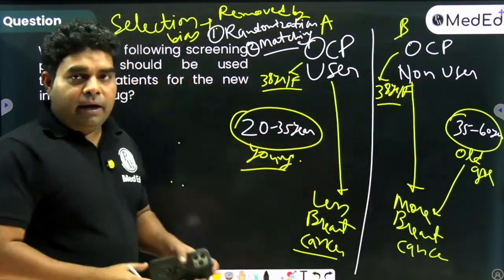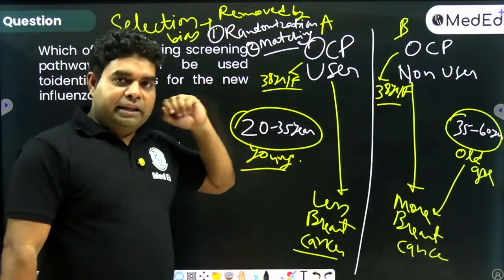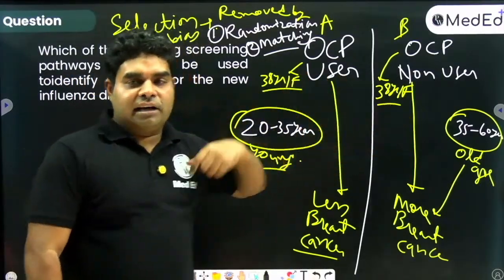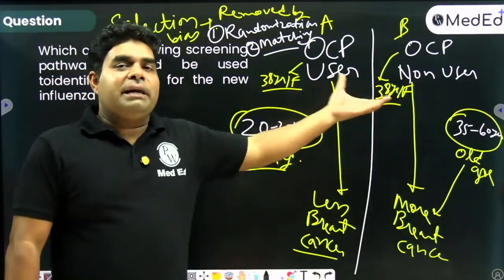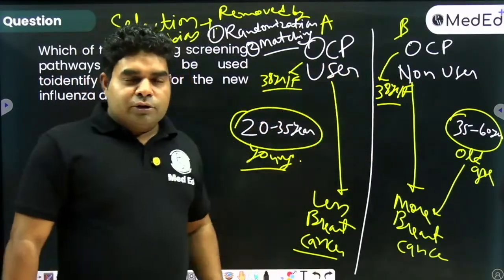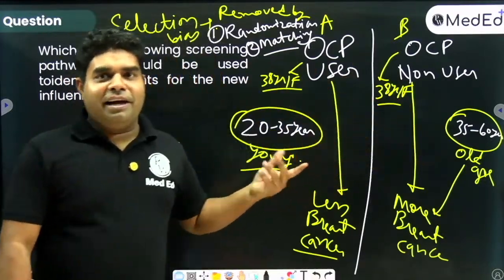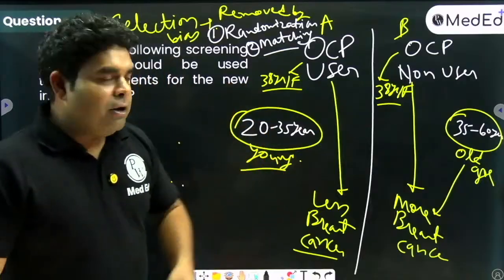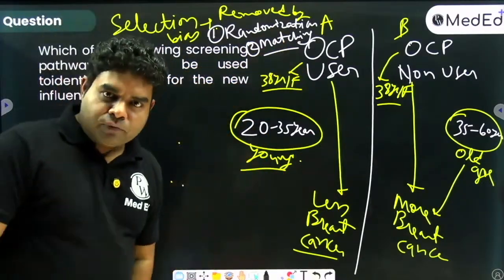This is matching. मैचिंग मतलब लगभग एक जैसे लोगों को दोनों साइड में लेना. अगर इधर 38 साल की फीमेल है तो उधर भी 38 साल की फीमेल. Matching means choosing comparatively similar people on both sides, like 38. So if you choose the same age on both sides, again different age groups will not be there and selection bias will go away. So how does selection bias go away? By randomization and matching. Okay.